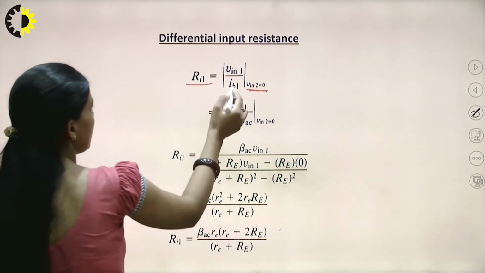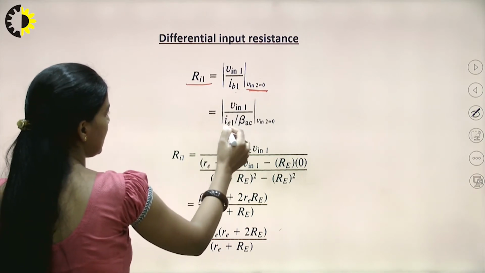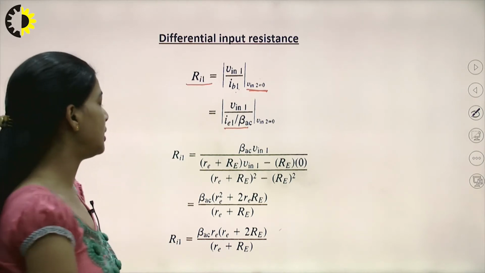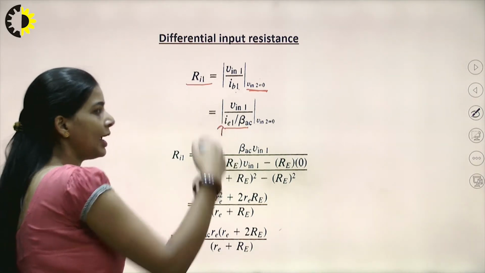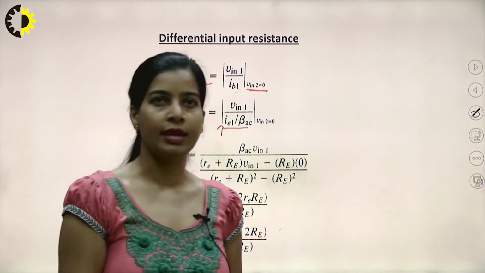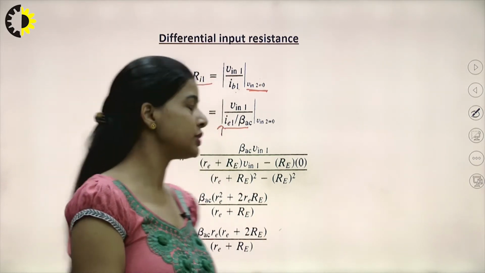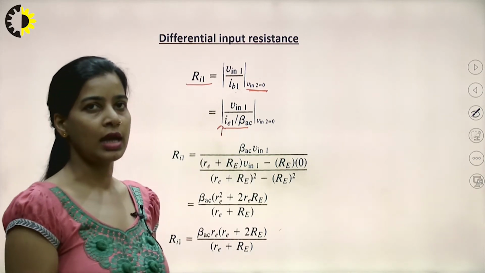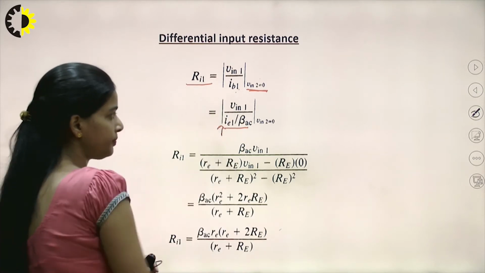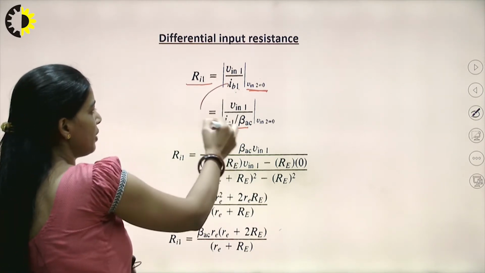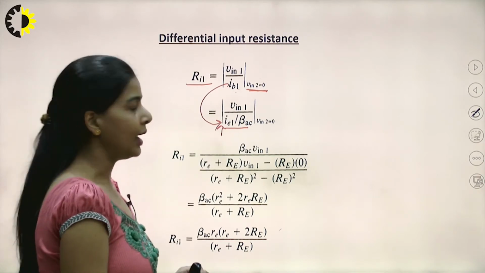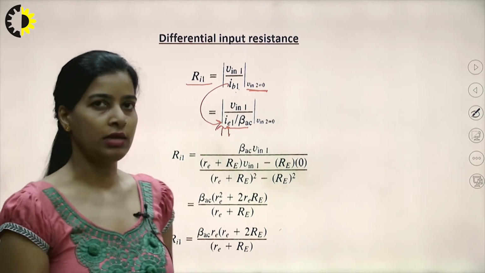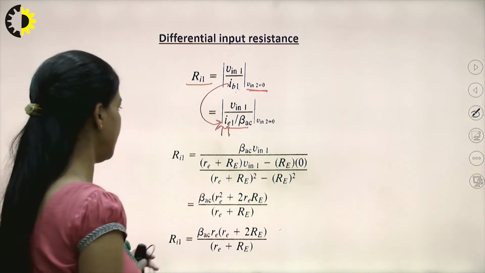This IB1 we can write as IE1 by beta AC. Why is it being done? Because the expressions of IE1 and IE2 we have already calculated in the previous video. IB1 is not known, so I will replace IB1 by IE1 by beta, and put in the expression of IE1 that we already calculated.